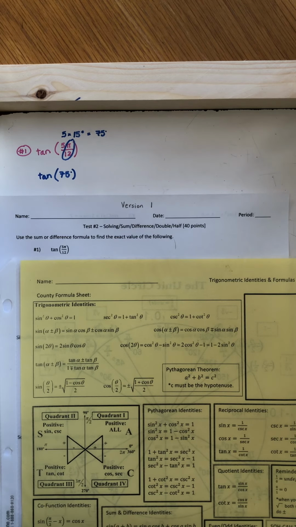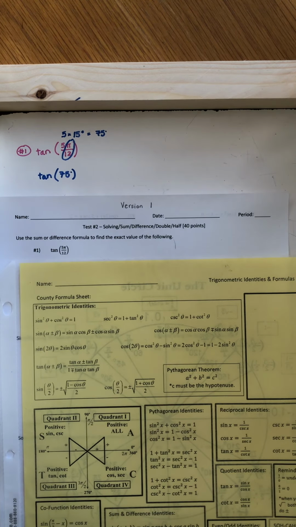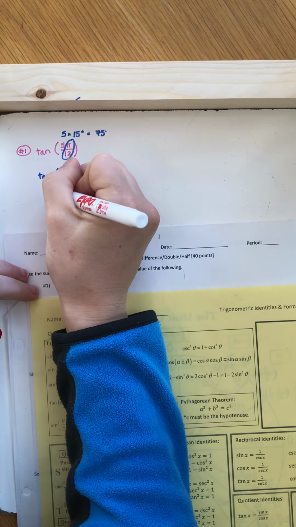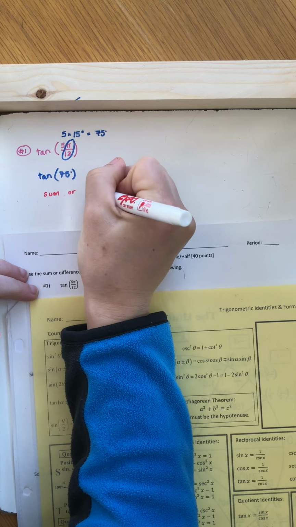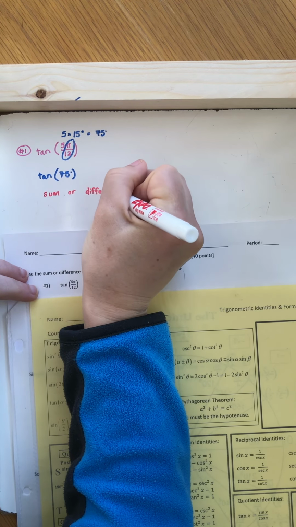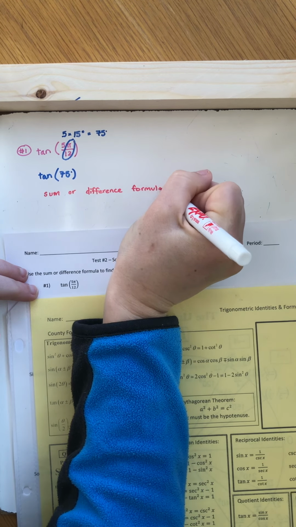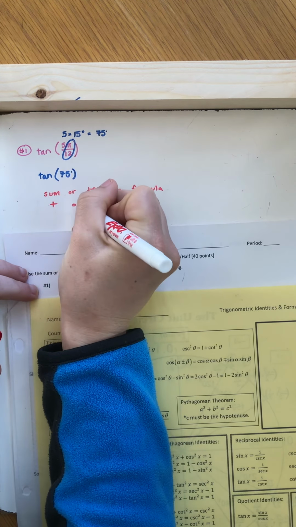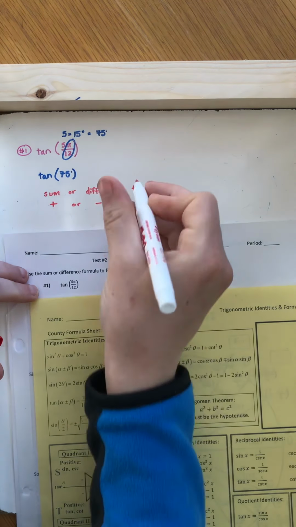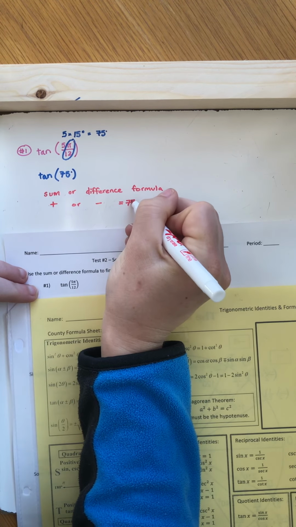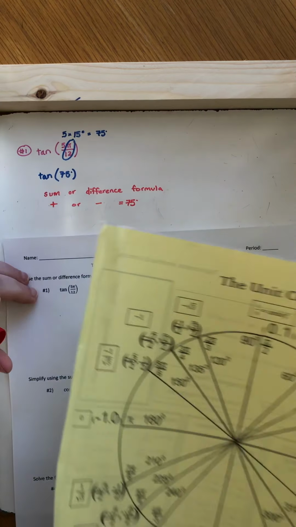Now, because I'm using the sum or difference formula, I want to find things that add or subtract to equal 75 degrees. So I'm going to use my unit circle.